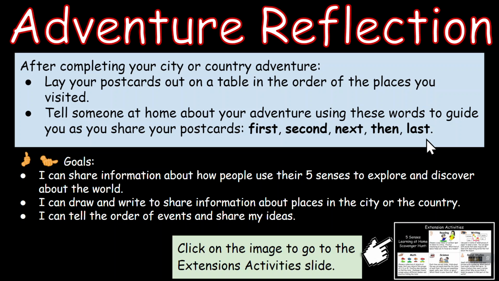Okay, so you might say, first, I went to the food truck, and then you can talk about what that experience was like. Second, I went to Dylan's candy bar store. Okay, next, then last, those are transition words. These are our learning goals.